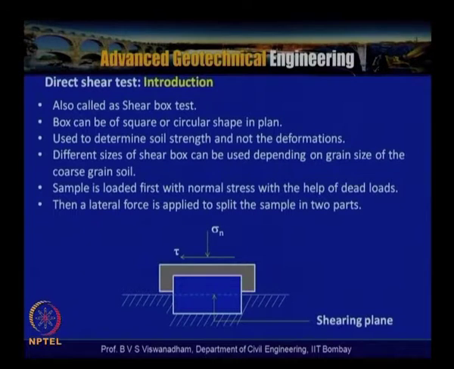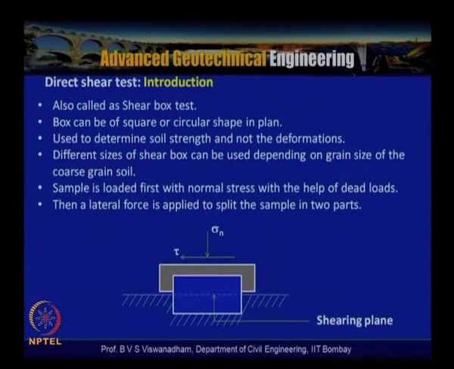Depending upon the size of the particles involved, and to prevent scale effects, the sizes of the direct shear boxes need to be adopted. It is used to determine the soil shear strength and not the deformations. Different sizes of the shear box can be used depending upon the grain size of the coarse grained soil, or soil like material under consideration.